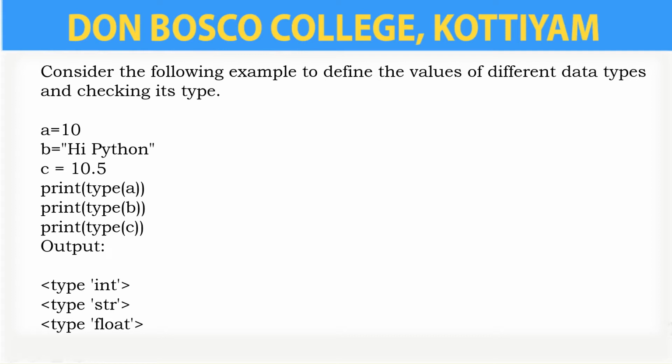That is, b is assigned with the string hi Python. c is equal to 10.5. That means c is a float variable. That is, the variable can store numbers with a decimal point. So the statement print of type of a means it will be printing the type of a.